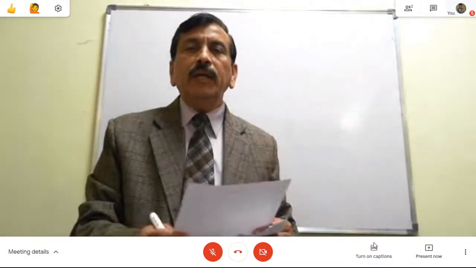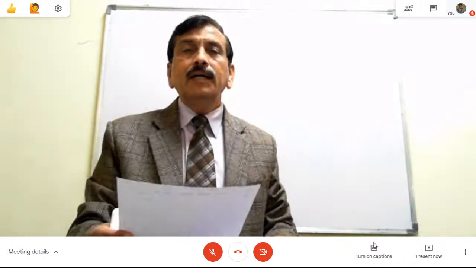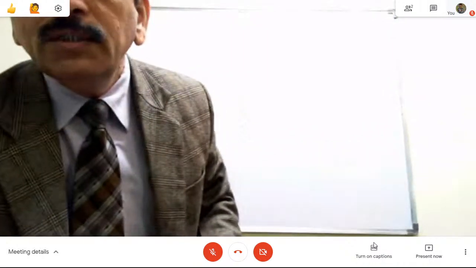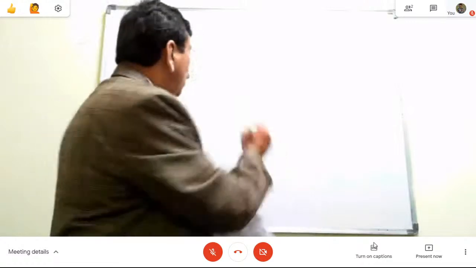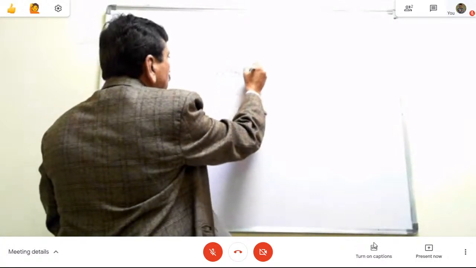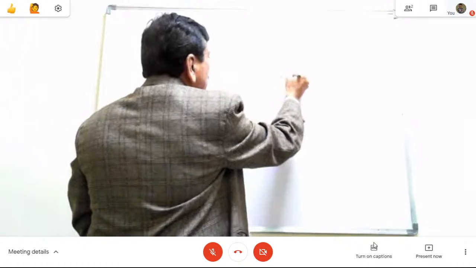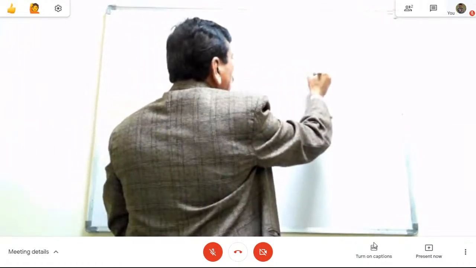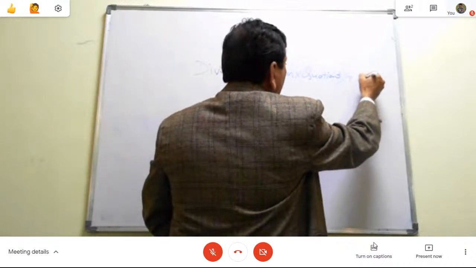A query about yesterday's quiz on number system, some fourth numerical. In a division problem, look here, dividend is equal to divisor into quotient plus remainder.